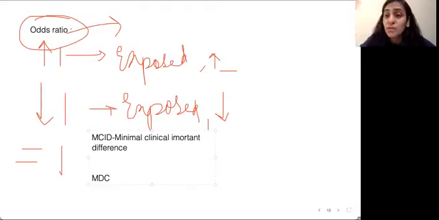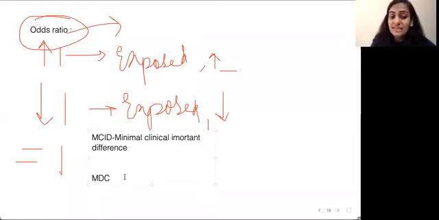It's not the same. When you measure, you see that the patient is making progress. So whatever difference you see clinically after giving that particular intervention to a patient is called a minimal clinical important difference.